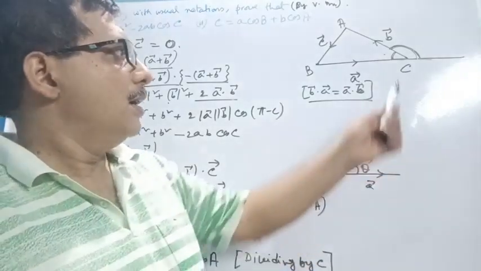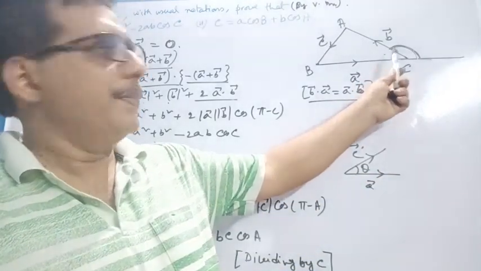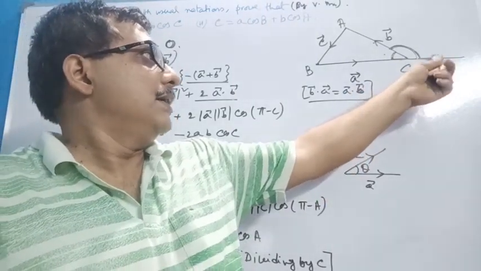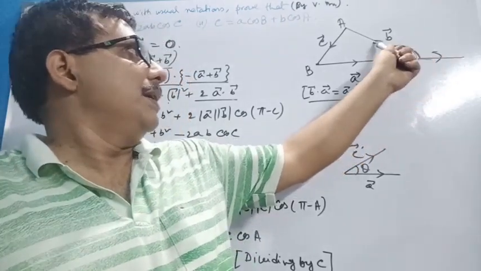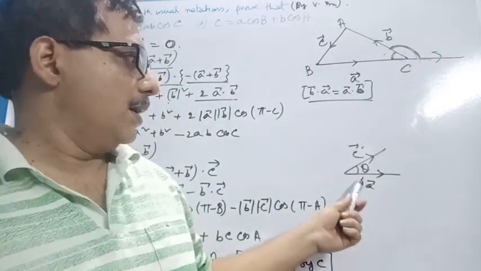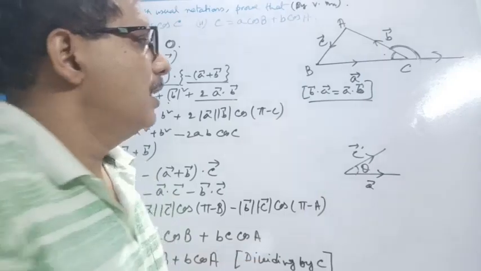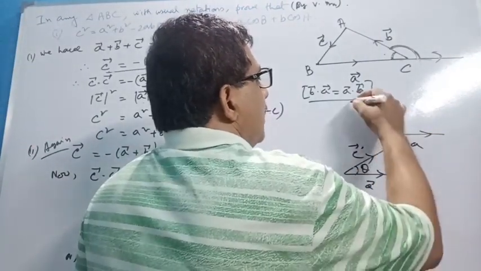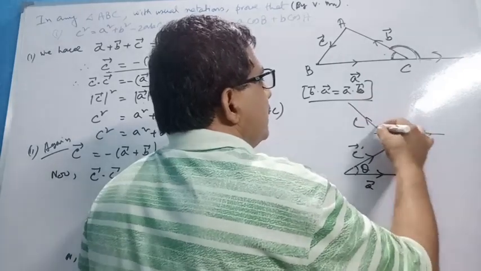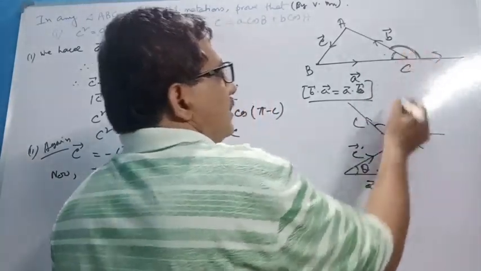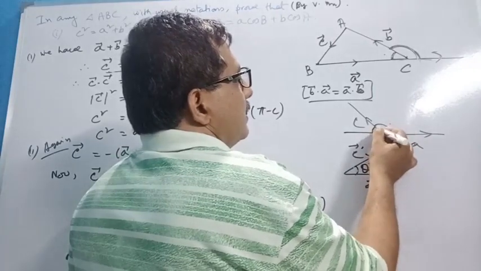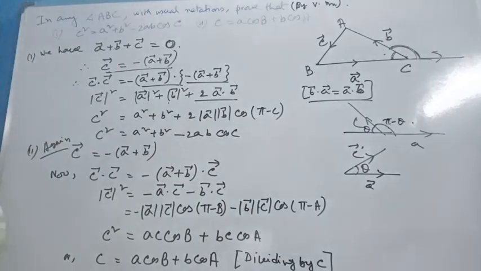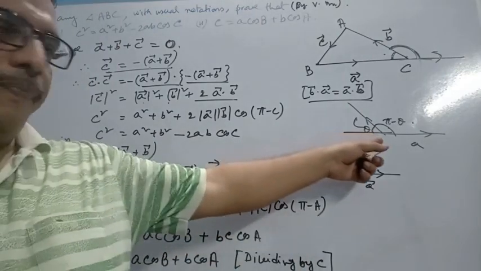Okay, is it clear? The angle between them is not C. A is in this direction and the direction of this is B, so the angle between them is that one. If this is theta, then this is pi minus theta, or 180 minus theta. Is it clear now? Why?